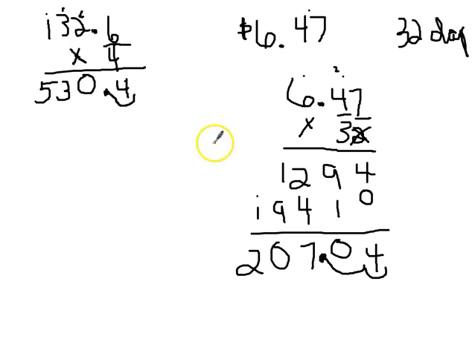Now, since I was looking at money, my answer has to also be money. How much is it going to cost me for 32 days to ride the train to work? It's going to be $207.04.